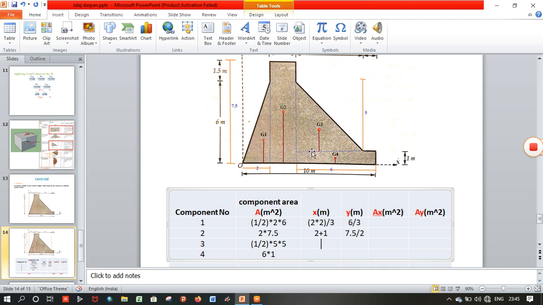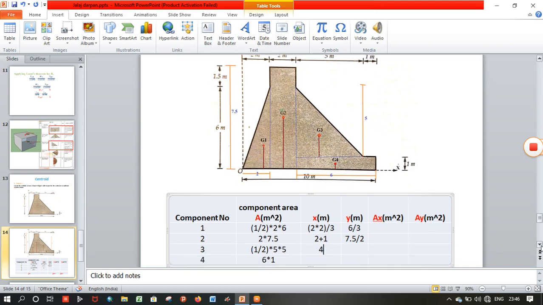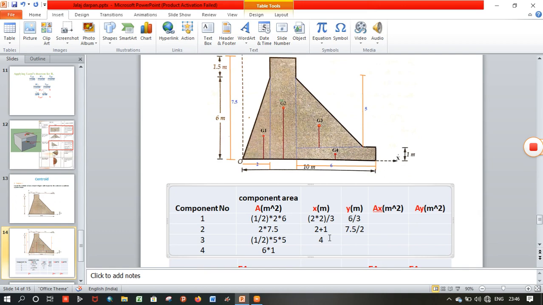Along with that, it adds up these two widths, 2 meter plus 2 meter, it is 4 meter, plus this distance here to here, that is nothing but h by 3. So what is h by 3? Sorry, yes, base width by 3, that's nothing but the base width here. So base width is 5 meter, 4 plus 5 meter by 3.